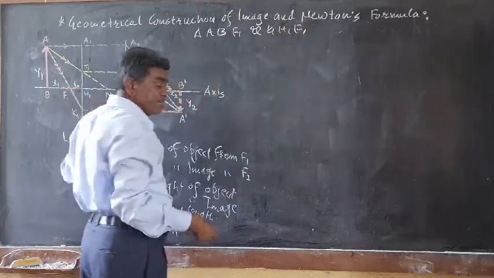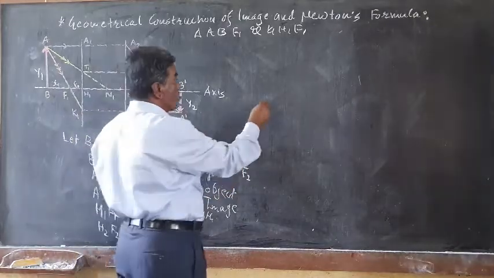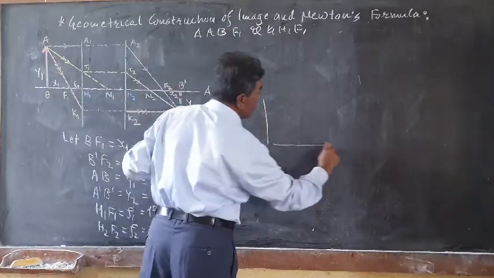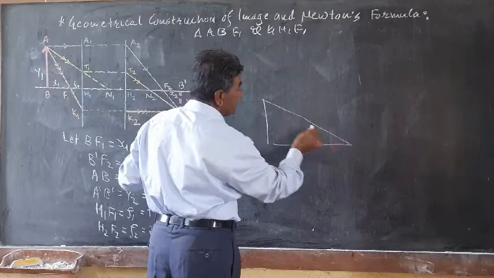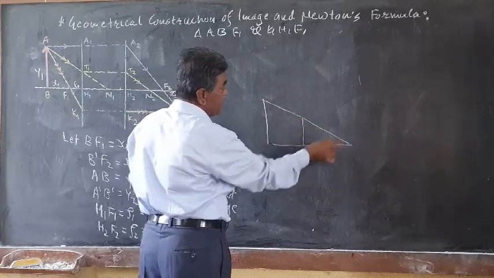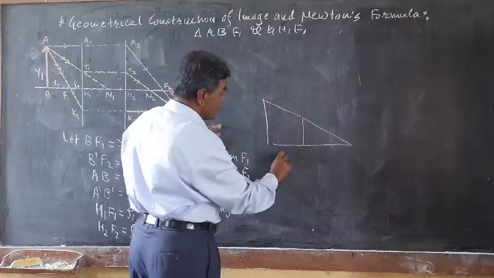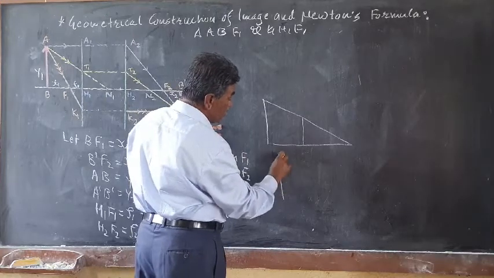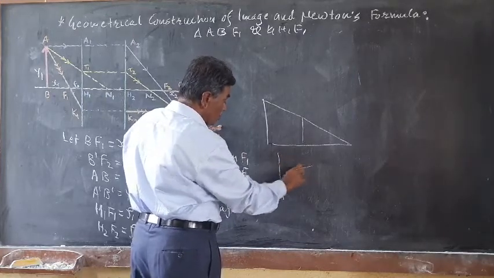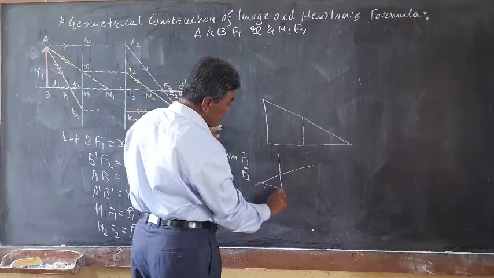So from these similar triangles can be drawn like this. If this is the one triangle here, then this big triangle and this small triangle are similar triangles.